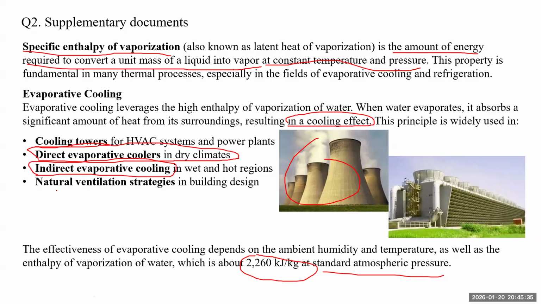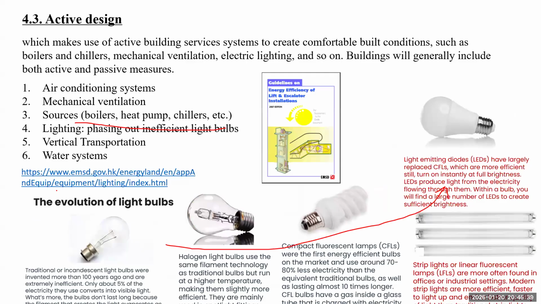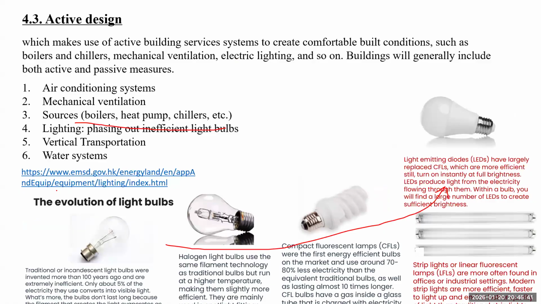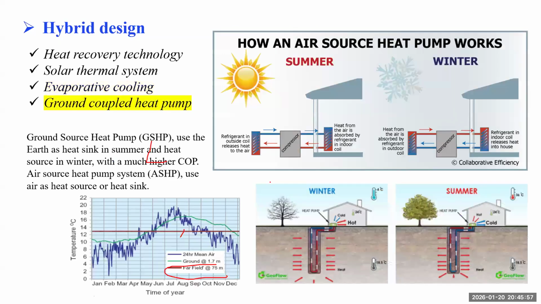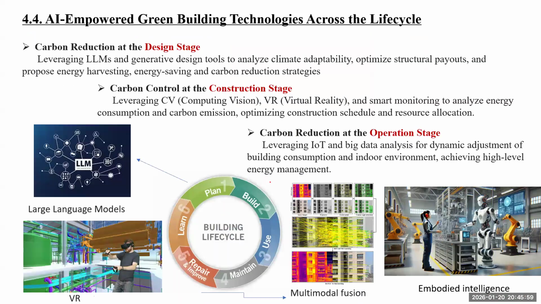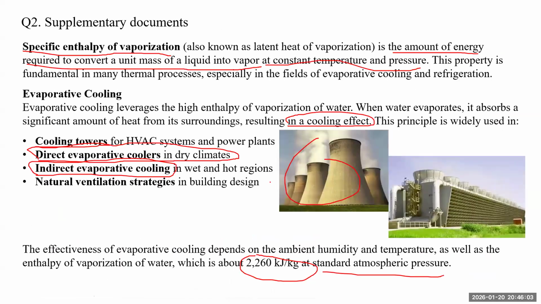Previously we also had the example of the evaporative cooler, using water vaporizing to cool down the air. There is a direct one for dry regions and also an indirect one. So what's the meaning of indirect?